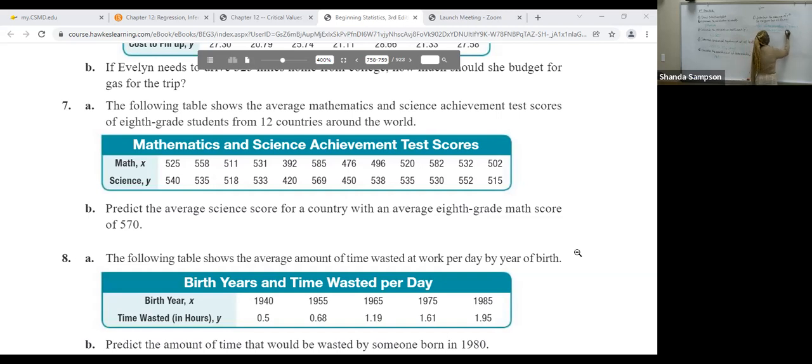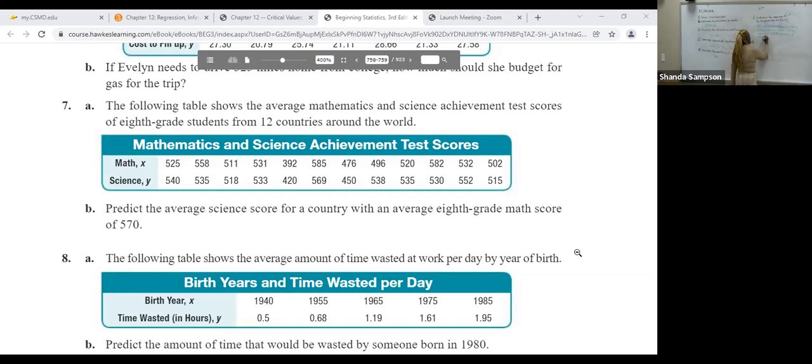Yes, can be associated, I wanted her to get that out. Can be associated with what? The variation of math achievement test scores.